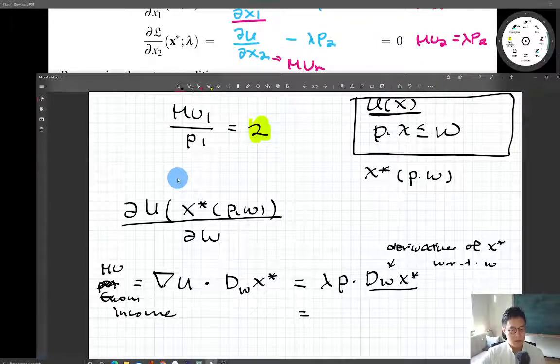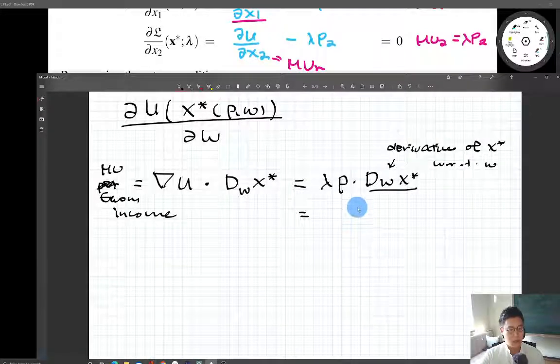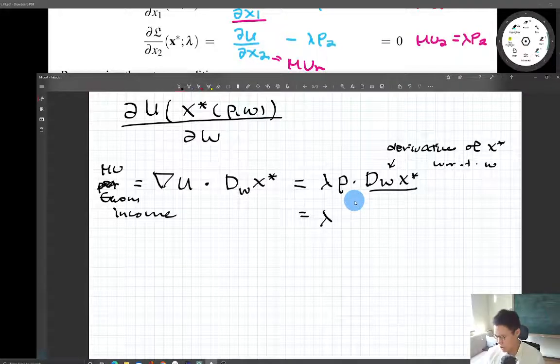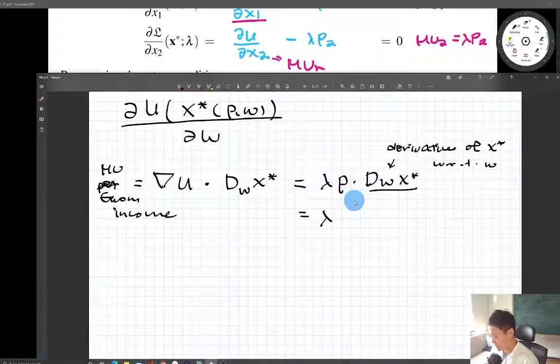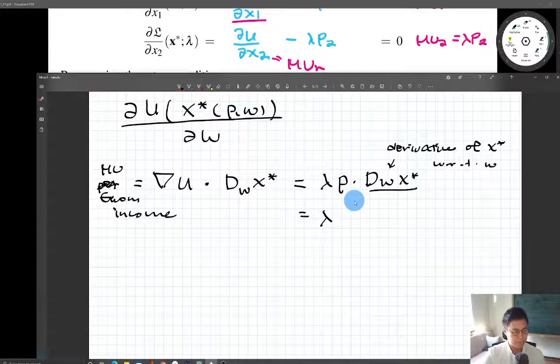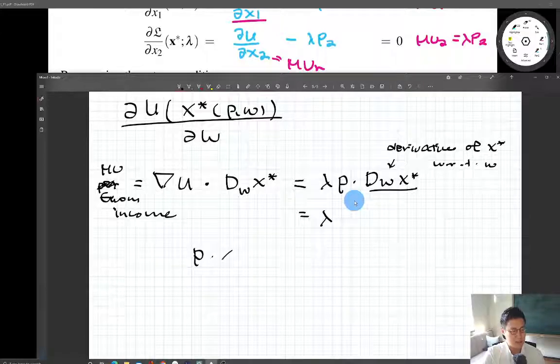All right, and we can show that this is simply lambda because Walrasian demand satisfies Walras' law. So p dot x star is always equal to w.